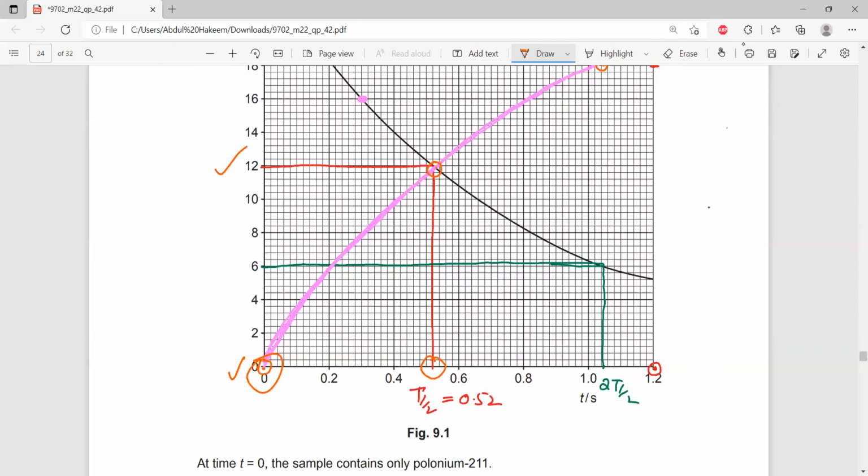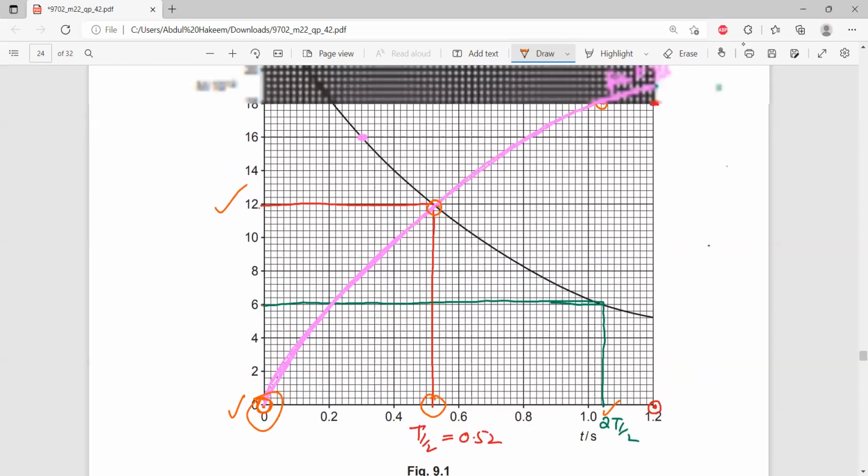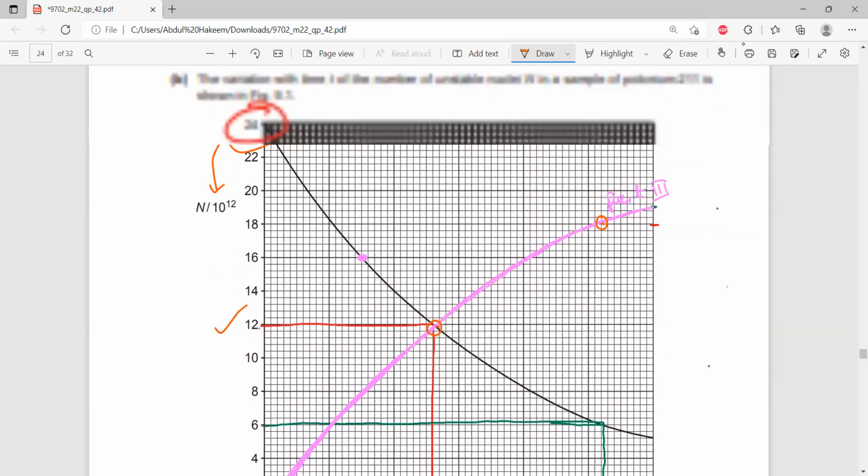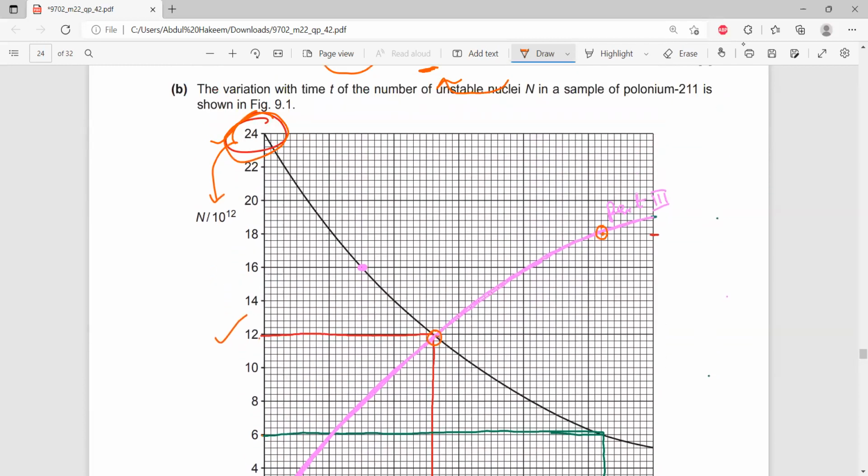So that at time 0, the number of the lead nuclei is 0, and after half-life it becomes 12, and after second half-life, 12 becomes 6, mean 6 more number of the lead. So we will add 6 more in the 12, so it becomes 18. So after second half-life, the number of the lead becomes 18.